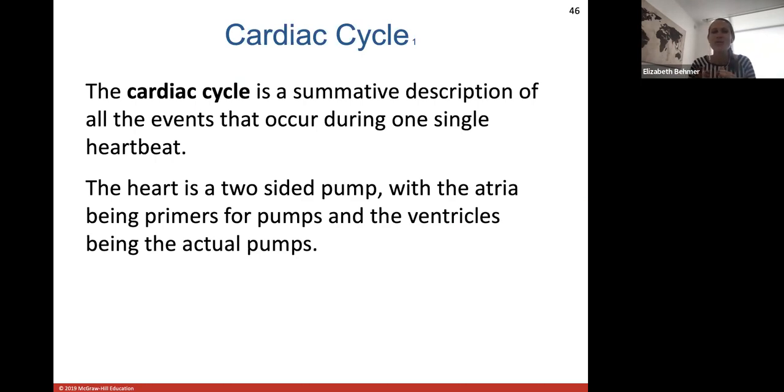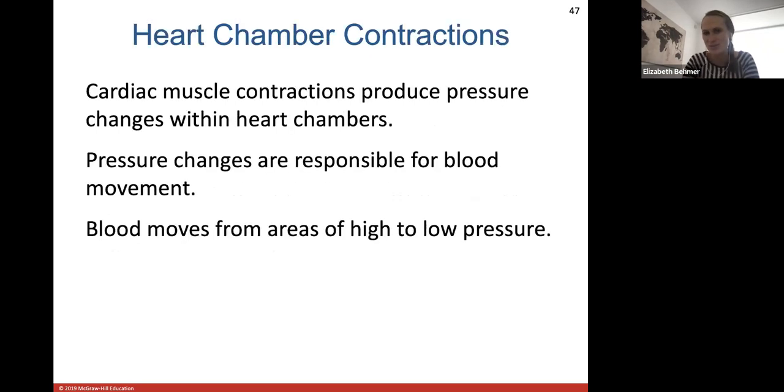Remember that the heart is a two-sided pump with your atria being primers, or filling up the pumps of the ventricles. So your ventricles are the actual pumps of the heart. The atria just fill up those ventricles, and then your ventricles will contract and eject the blood to the appropriate spot. Your heart chamber contractions, so your cardiac muscle contractions, will produce pressure changes within the heart chambers.